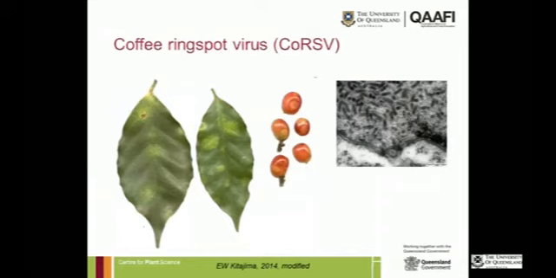Coffee ringspot virus, this is what the particles look like. They look somewhat like Rhabdoviruses, but they do not have a membrane, or at least not a membrane that seems to stick to the virus. They're still associated with membranes in the host, but the particles themselves, when you isolate them, do not have a membrane.